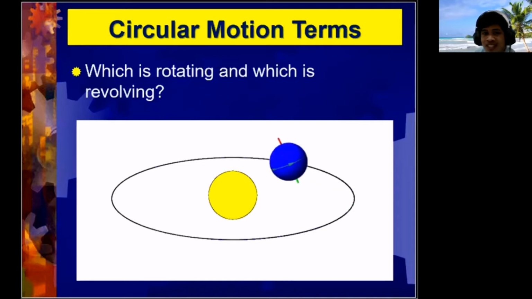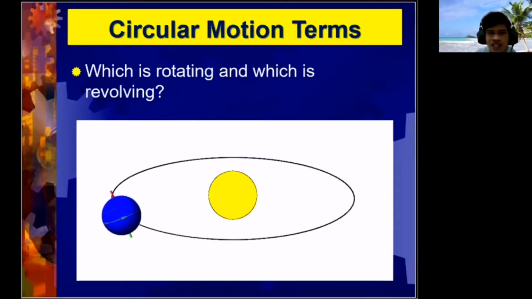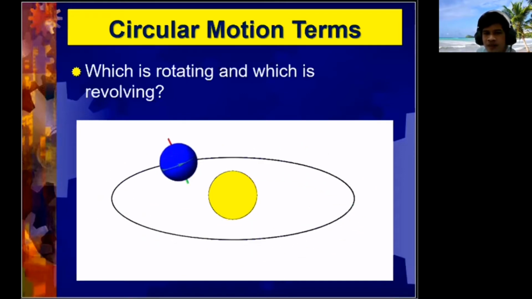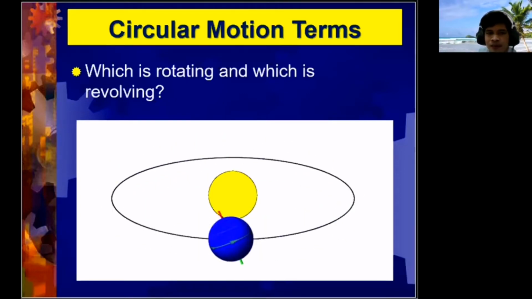By the way, can you see the slide, Cam? The blue one? How do you differentiate between rotating and revolving? How about the blue one, what is it doing in terms of the yellow one? Is it revolving or rotating?